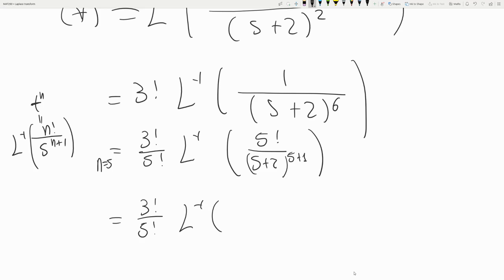So we have t to the 5 times e to the minus 2t. Right? So we use the shift formula from above.